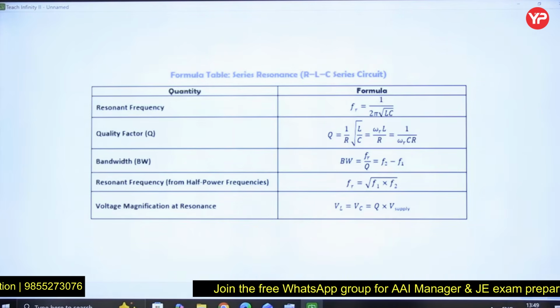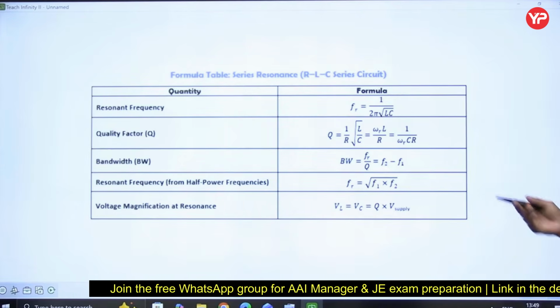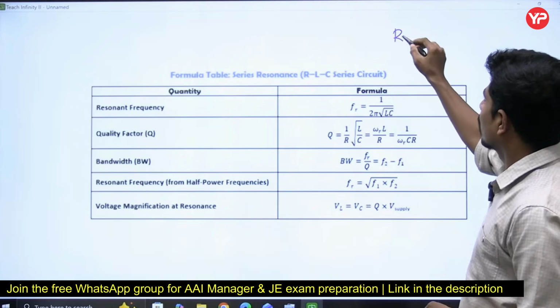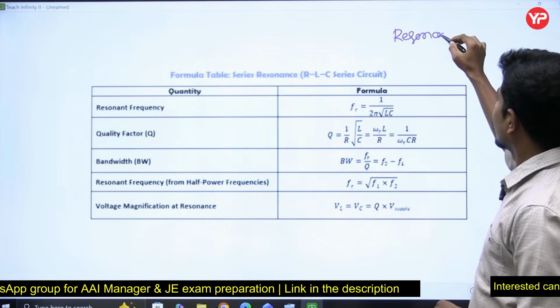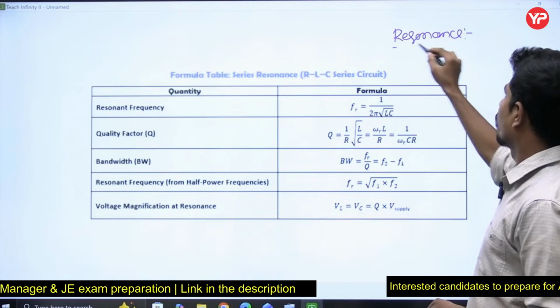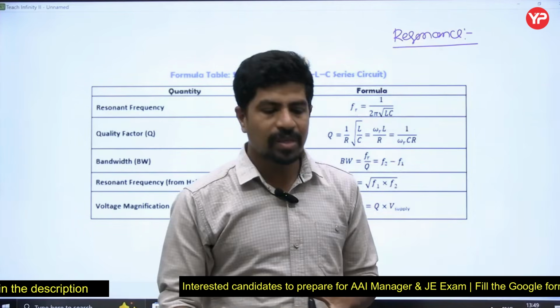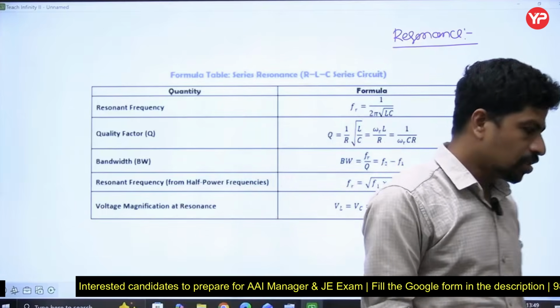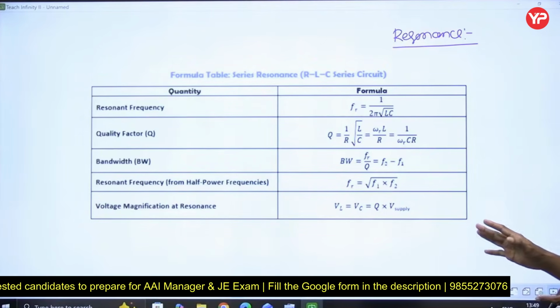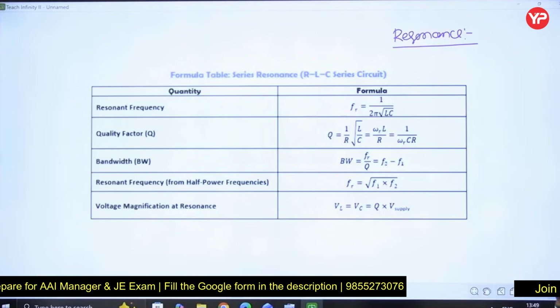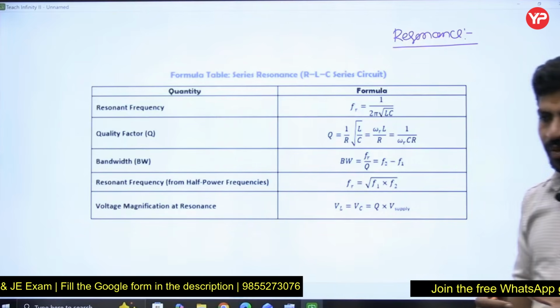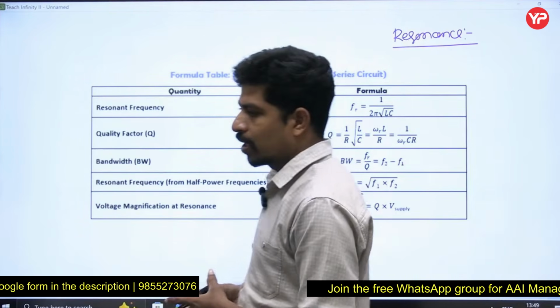Next is resonant frequency. What is resonance? I'm teaching you to the point. I'm not going into the depth of the concepts, because for the examination, directly formula based questions will be given, no deep logic. Why?